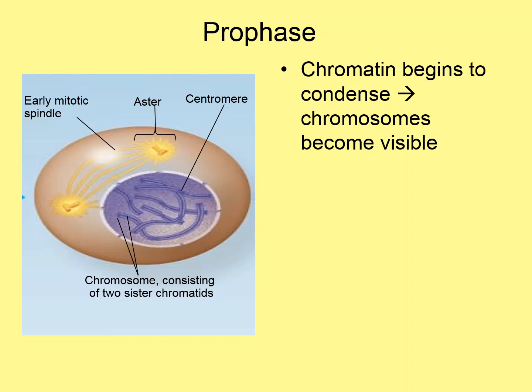And part of the process of the chromatin condensing is basically all of those molecules packing really tightly together, to the point that you can see the actual chromosomes themselves under the microscope in this part of both the phases of mitosis, but also meiosis. So we're starting to pack that chromatin down, and a large reason behind that is it's a whole lot easier to move it when it's packed tightly.